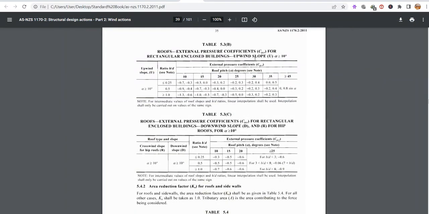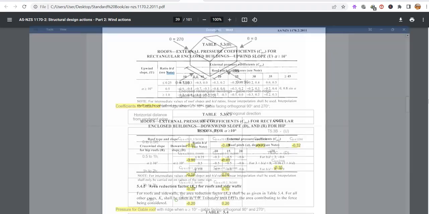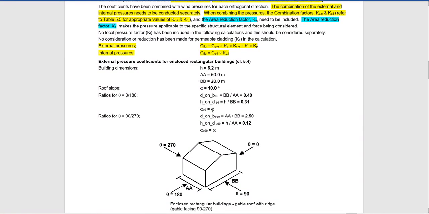So roof upwind, here it is, at slope 10 degrees. For the ratio h over d, remember what we have seen in the previous line here, h on d.